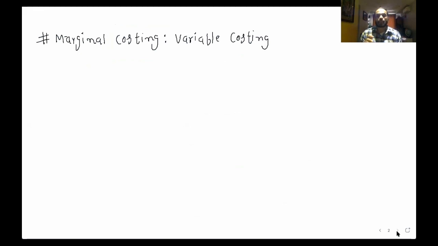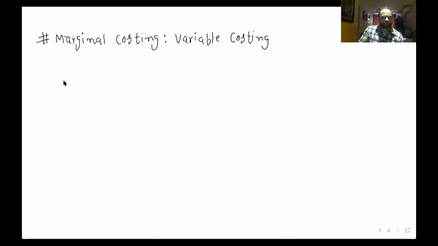So we separate variable manufacturing from fixed manufacturing cost when we calculate our profit. All right. So I hope you remember the structure or the formats of marginal costing. If you do not remember, I give you a quick view over the marginal costing format.